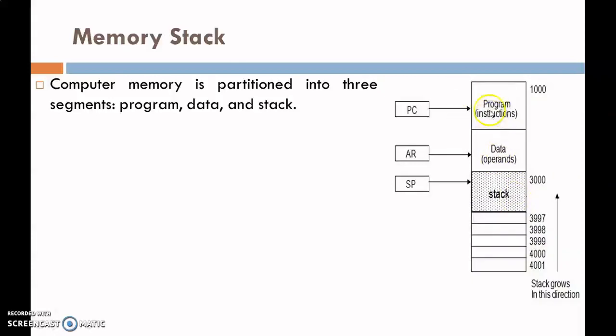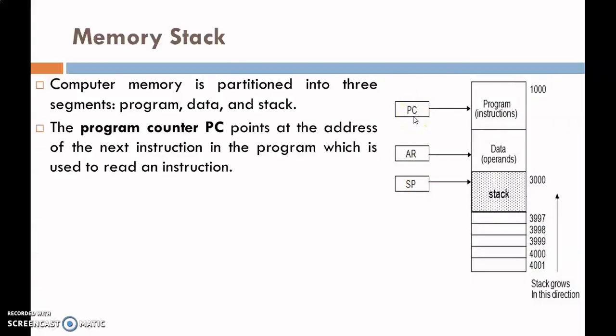For handling this memory, we use three registers: PC, meaning program counter, address register, and stack pointer. PC points at the address of the next instruction in the program. That means it stores the address of the next instruction to be executed.